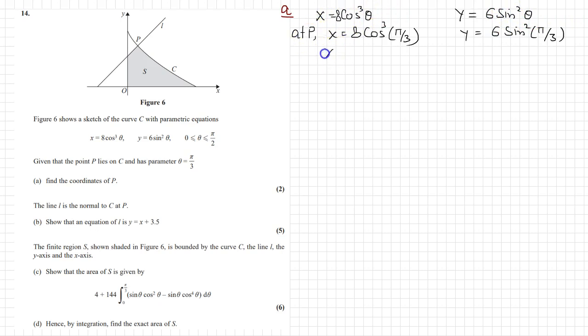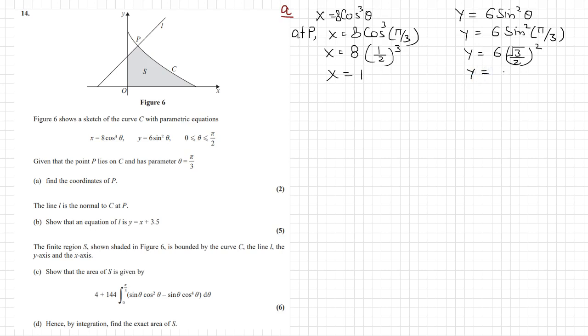So x will be 8, and cos 60 is half, and cube of half. So x will be 8 over 8, so this is 1, and y will be 6 sine square 60, which is root 3 over 2 squared.